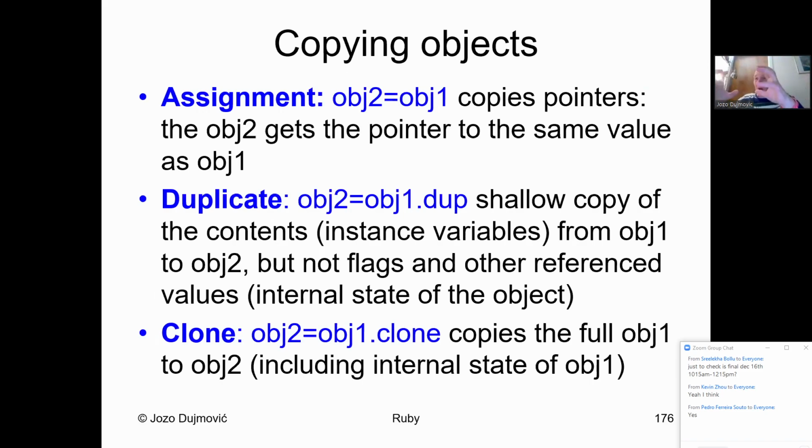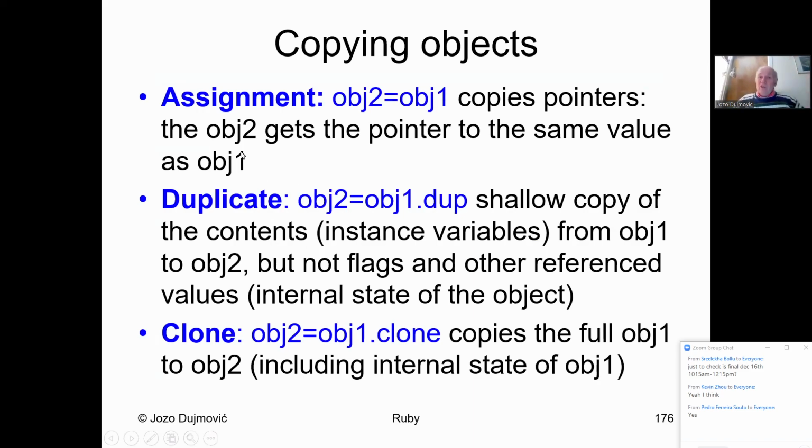If you copy an object from one place to another, the question is how to copy that. Are you going to copy all this auxiliary data that comes with instance variables, or only instance variables, or nothing of that? So there are three ways to do that.